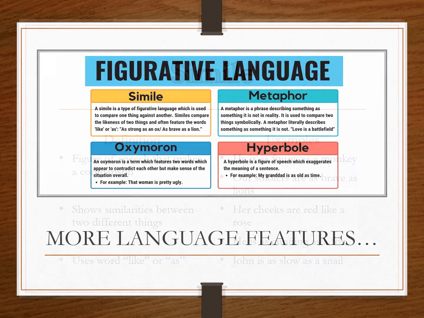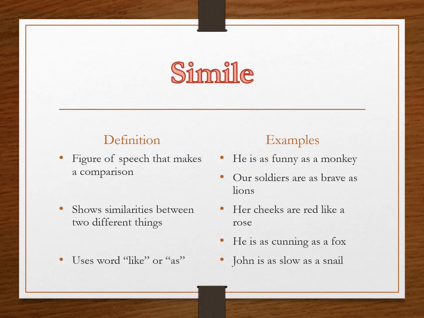So I'm also going to quickly show you simile. Similes are always used with like or as. So John is as slow as a snail. He is as cunning as a fox. Where's one with like? Her cheeks are red like a rose.